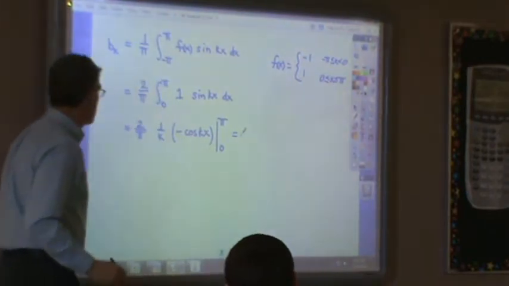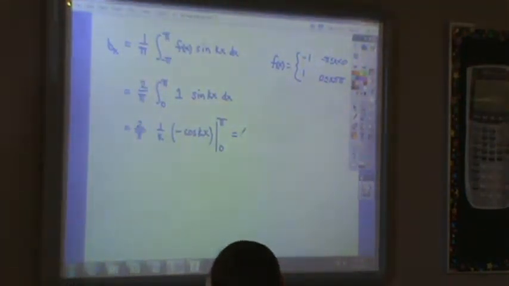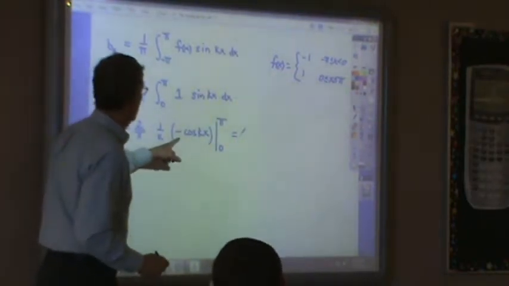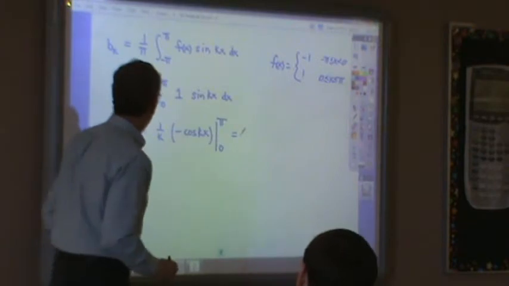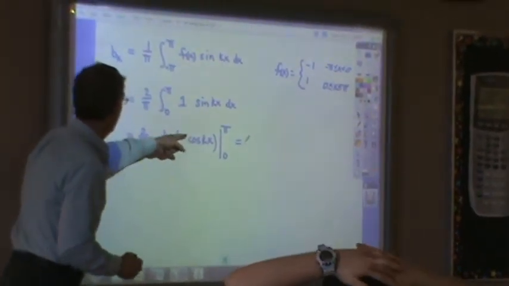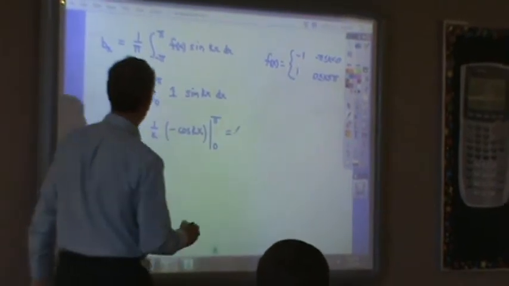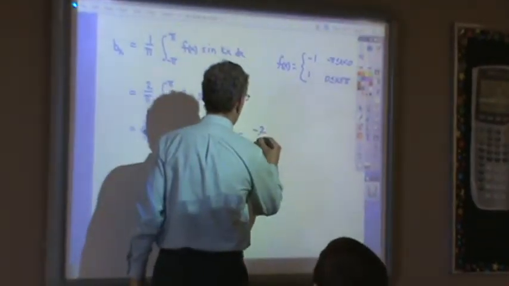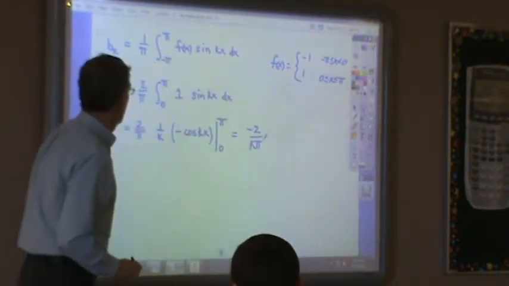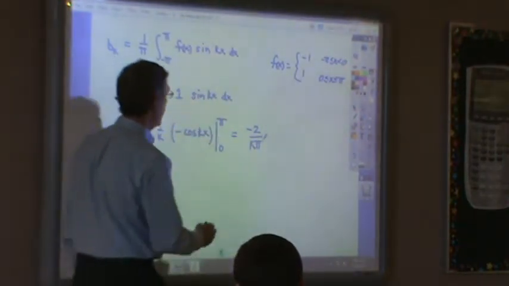So what happens here? At pi, we end up with a negative cos k pi. Let's see if we can tidy this up just a little bit. We just combine all of this stuff here. So we get a minus 2 over k pi, and then we get a cos k pi.